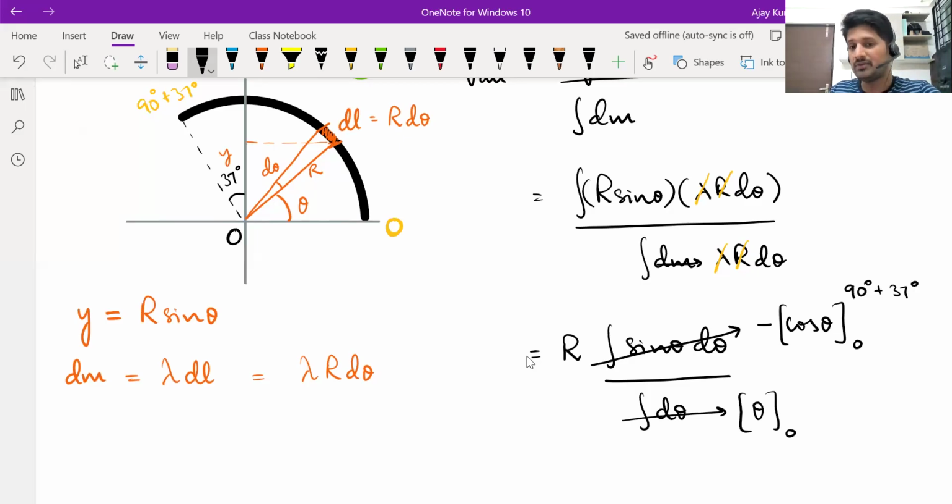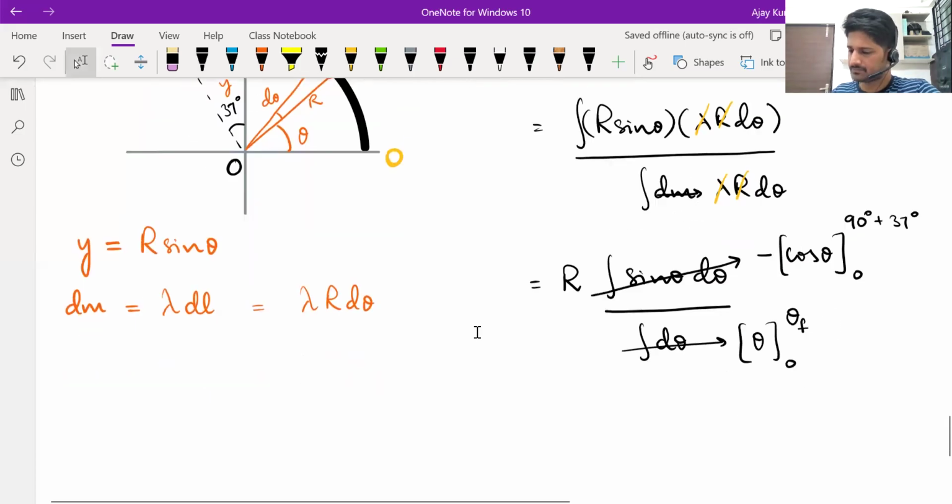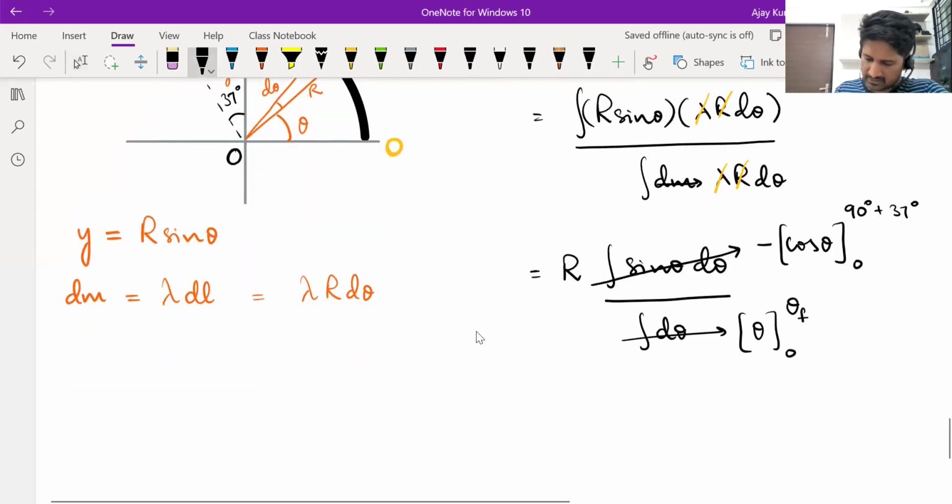You have to substitute it in radians, not in degrees. So I'll just write it as theta final. Doing that might have been difficult. I'll teach you how to do that also, no problem. So put the minus aside, the answer becomes minus r into cos of 90 plus theta. Or cos of 90 plus alpha generally, how can you express it?